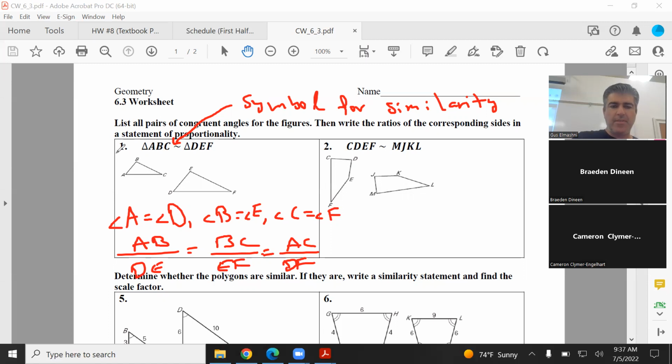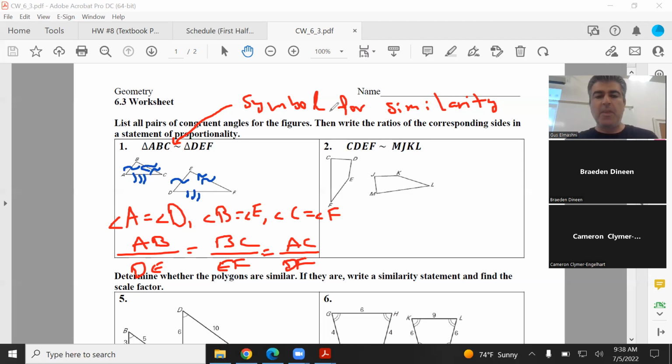I don't know if I should do the markings, but okay, I'm totally making that up. I don't know if that's really a thing, but the little squiggly sign means that those two sides are proportional. And then this right here, those are proportional. Those are proportional.